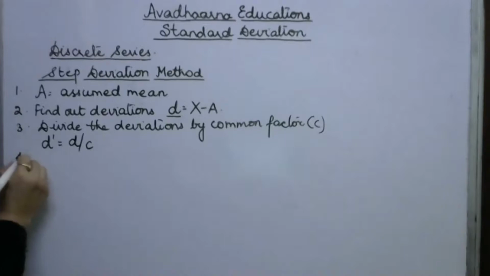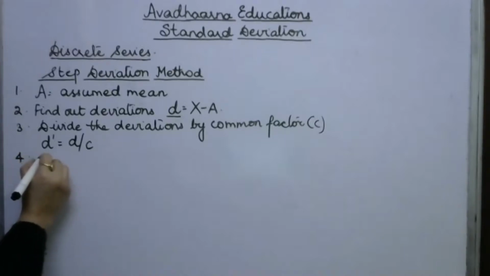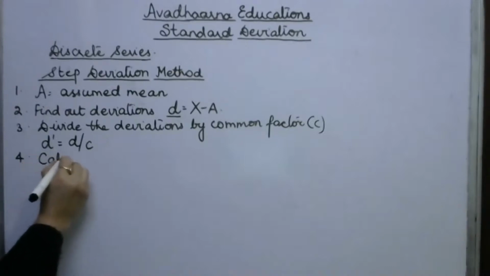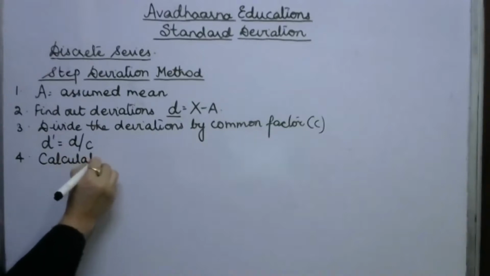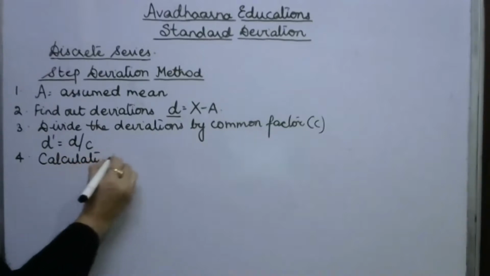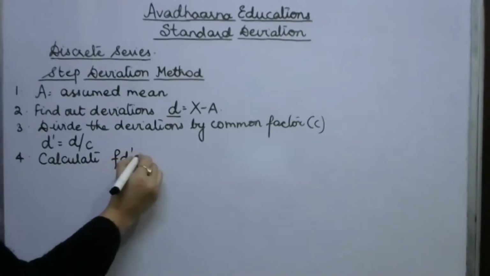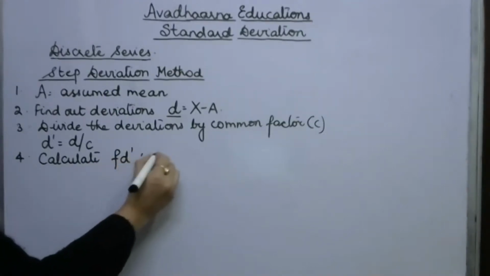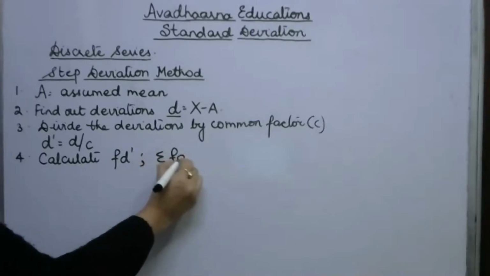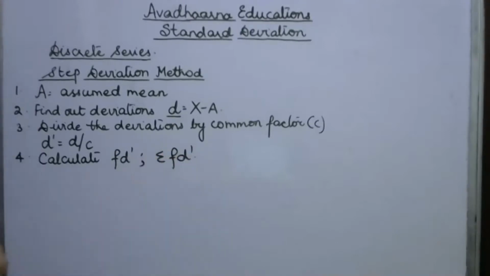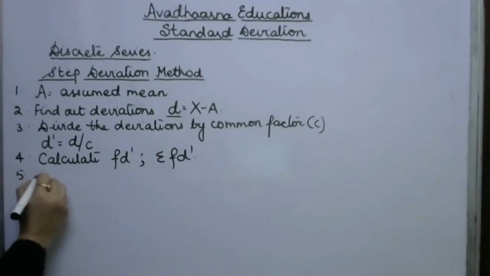Now the fourth step is to multiply these deviations d dash with the respective frequencies. So we'll calculate f d dash and then finally take the summation of fd dash. Fine. Then the fifth step is to calculate the square of these step deviations.